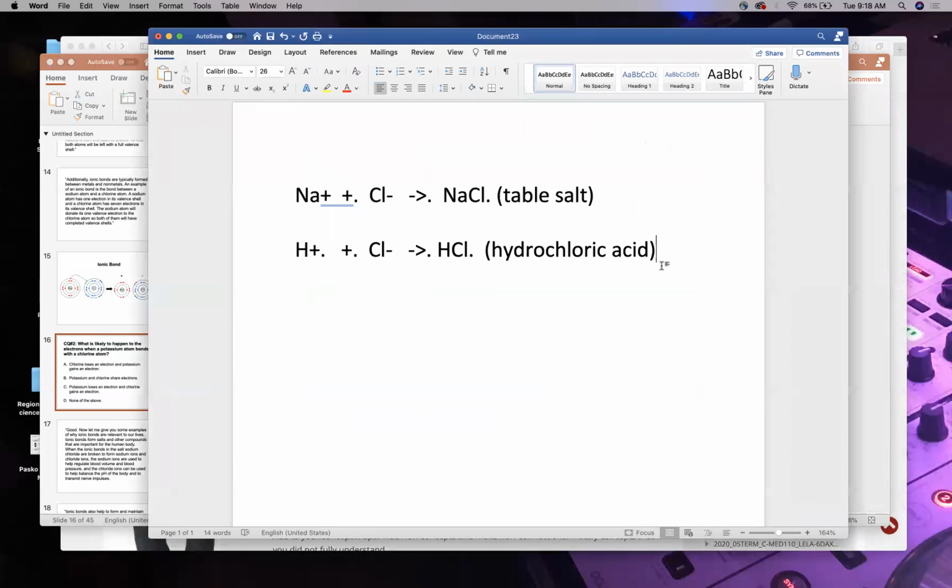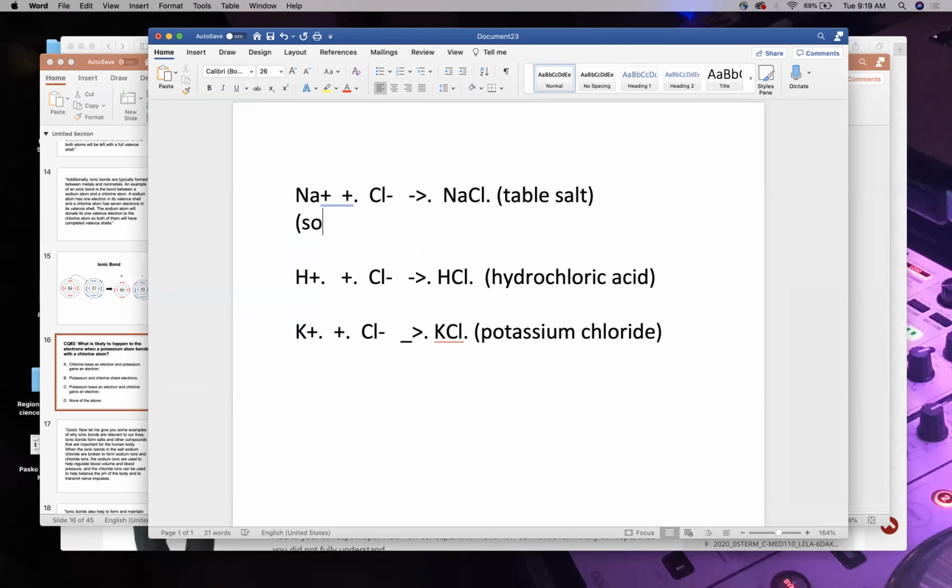I don't want to give away the answer, but potassium is plus 1, and I want to add it to a Cl minus. So it's going to yield, just like the HCl, potassium chloride. Oh, by the way, table salt is sodium chloride.